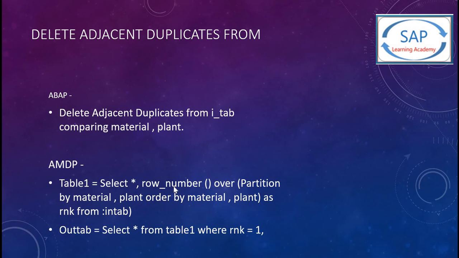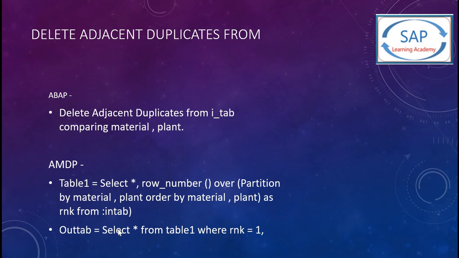rank, RNK. What we're doing is partition by material and plant, then order by material and plant again. In this case, it will separate the duplicates and number them like 1, 2, 3, 4.